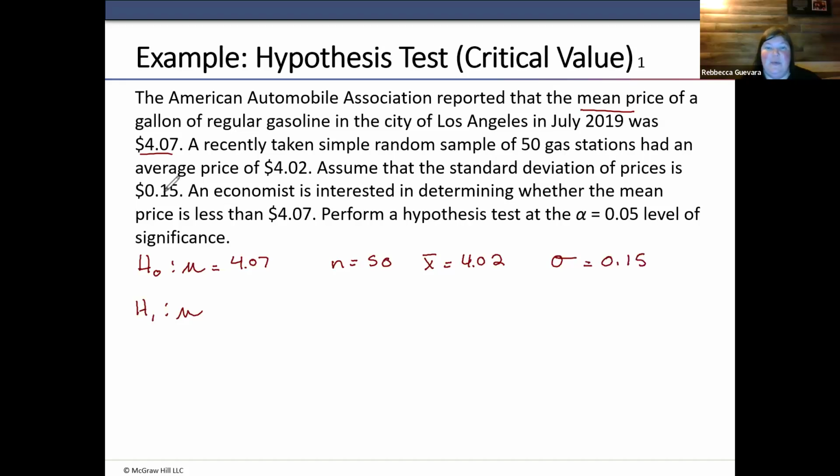So it's not from a sample. We're just assuming that that is for the population. And economists are interested in determining whether the mean price of gas is actually less than 4.07. So our claim, mean is less than 4.07. So that's my hypothesis test. So we want to perform a hypothesis test at an alpha level of 0.05.